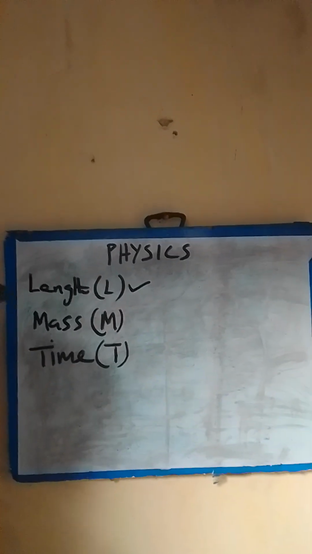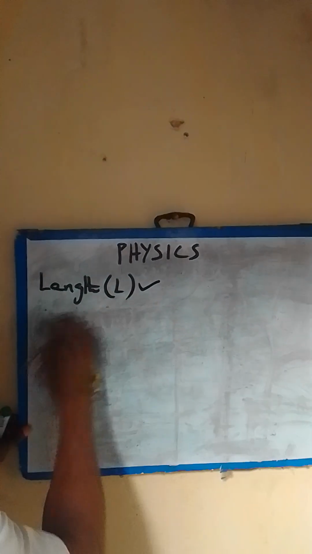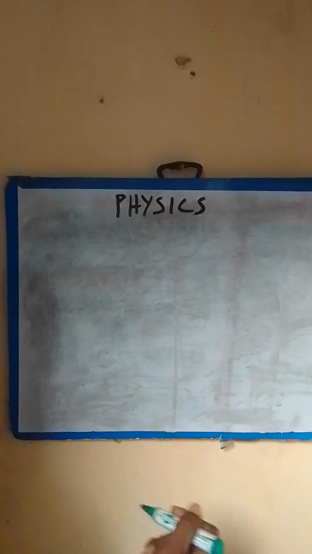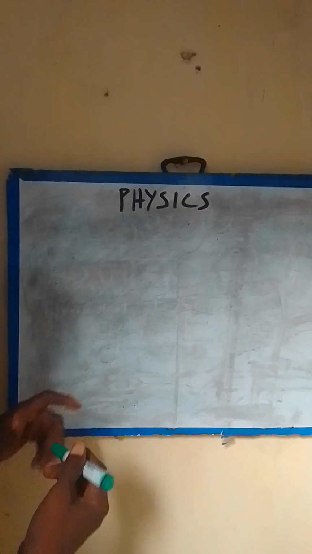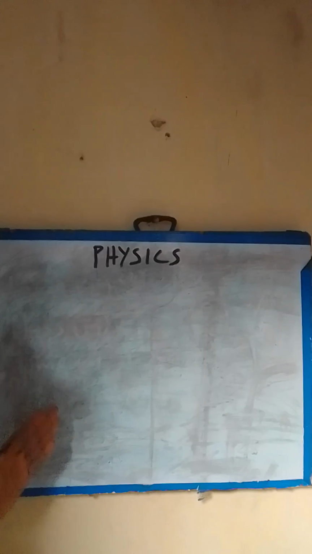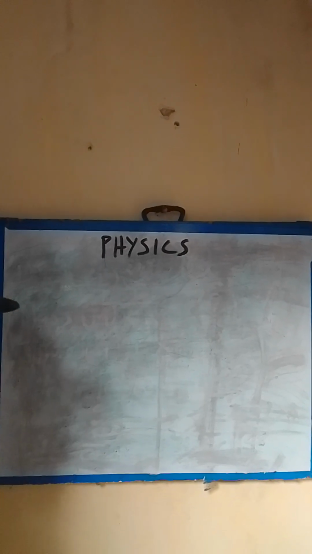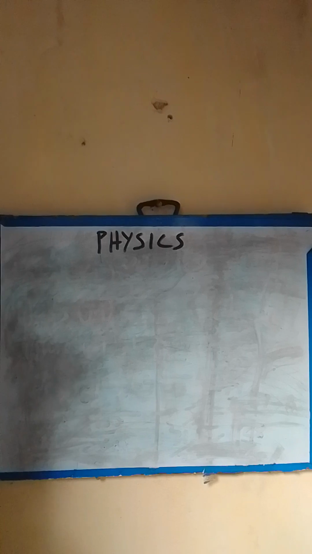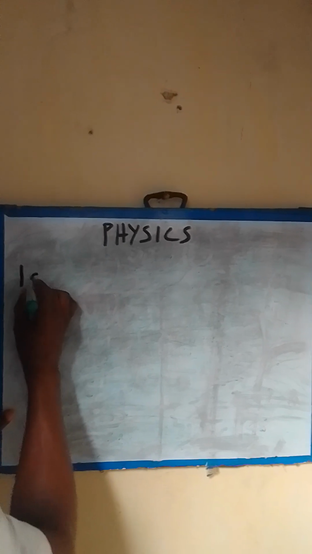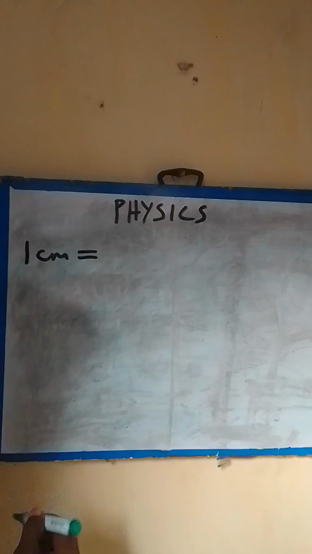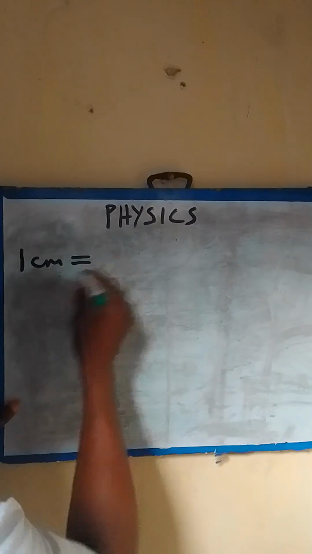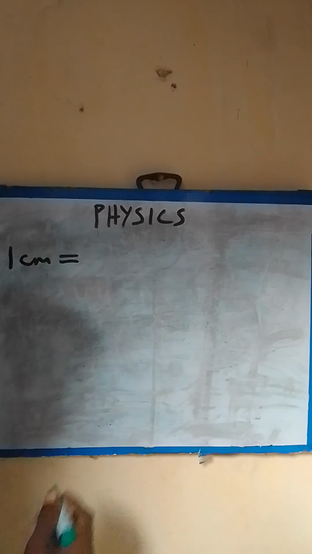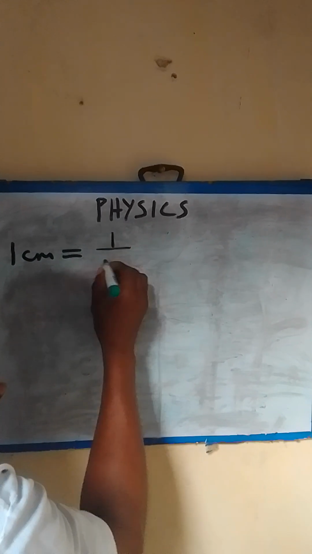Now, to convert centimeters to meters, you divide the centimeters by 100. For example, we have 1 centimeter. To convert this 1 centimeter to meters, we must divide the centimeters by 100, which gives us 1 divided by 100.